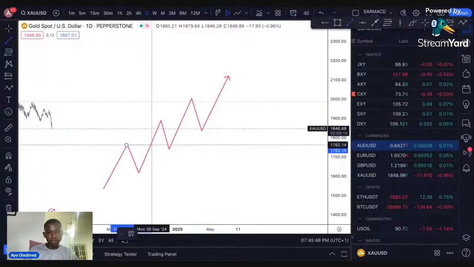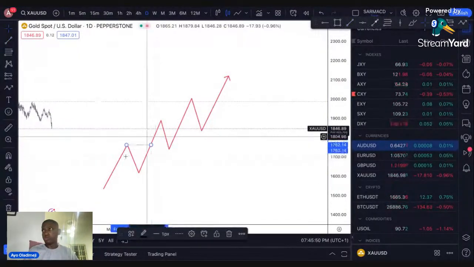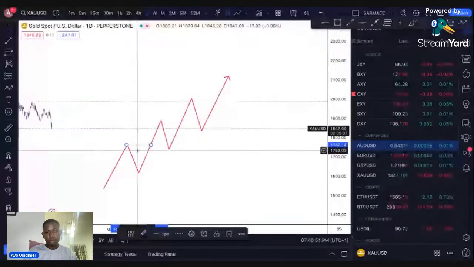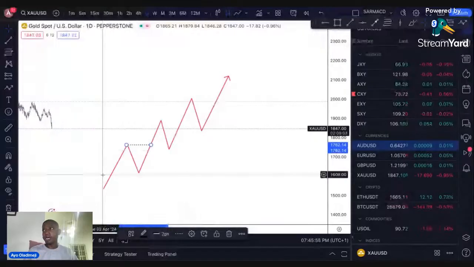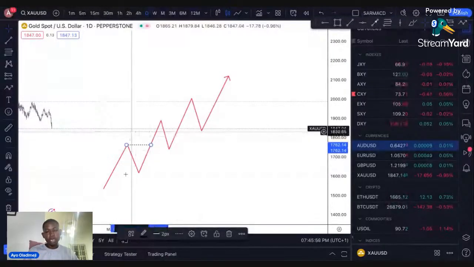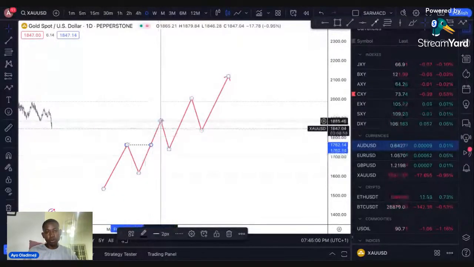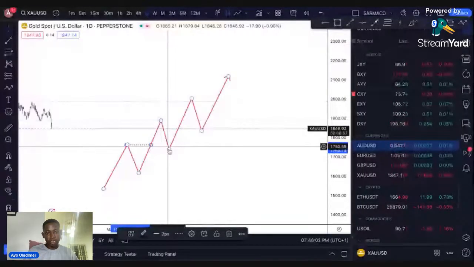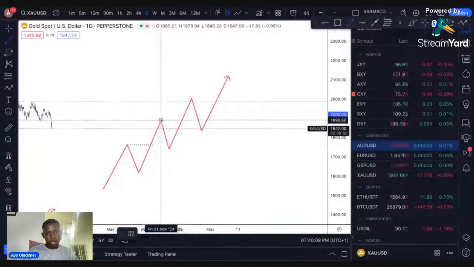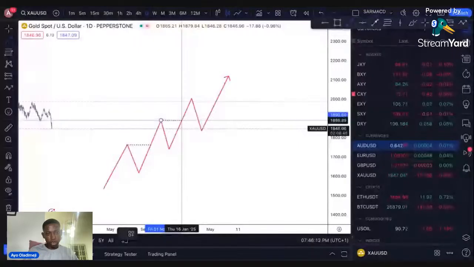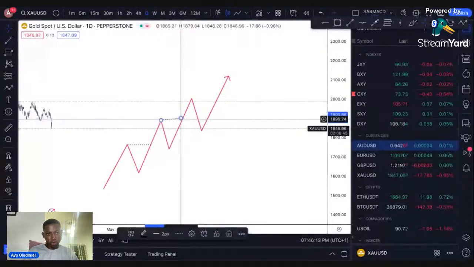So we have this high, it was broken. You have this high, it was broken, and then after it broke up, the market came back. Then you see the next high. This is the higher high. It was broken by the next impulse.